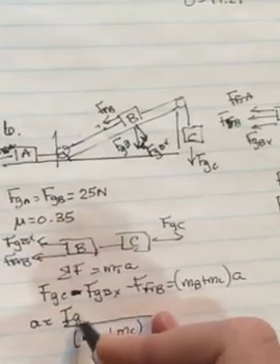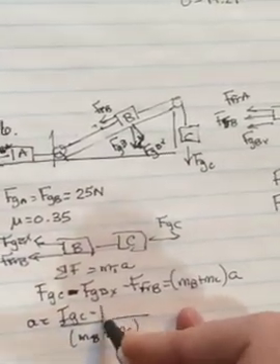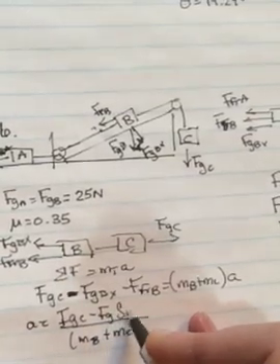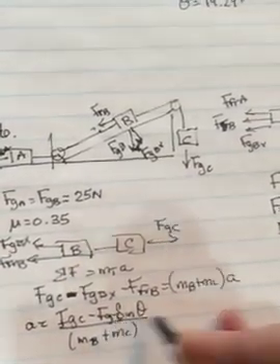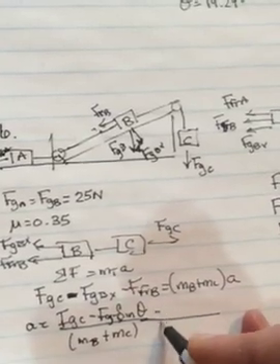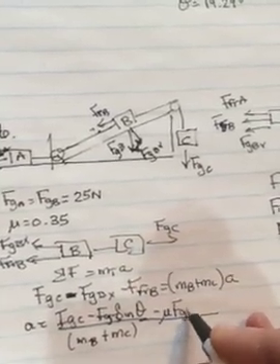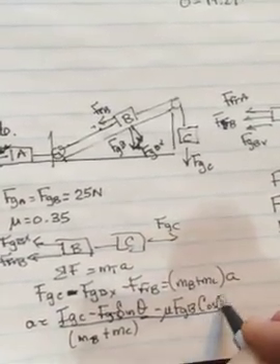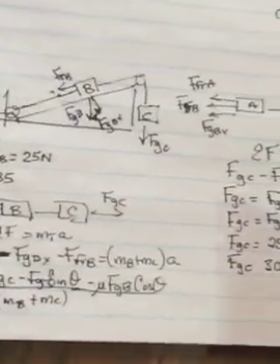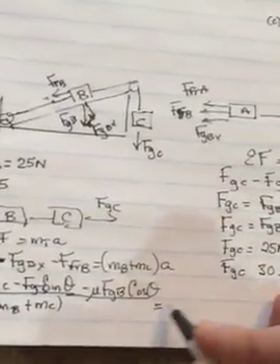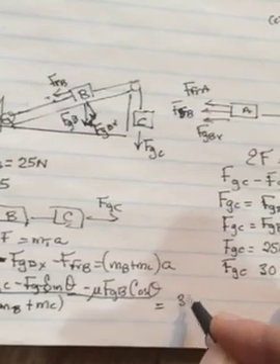So FGC, FGB sine theta, and mu FGB cos theta.